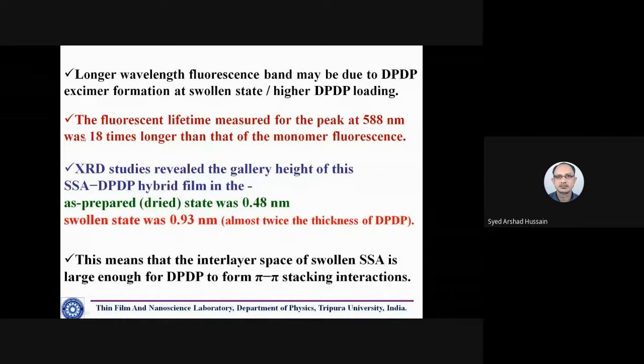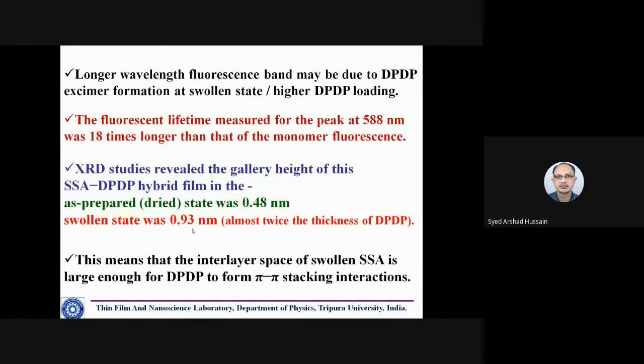This is because we applied XRD to measure the gallery height, and in the dry system this is of the order of 0.48. And when swollen, we observed that the thickness increases to 0.93. That means there is a possibility that molecules stack together and form pi-pi stacking.